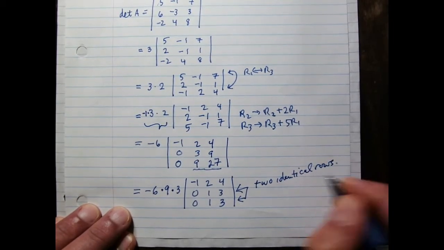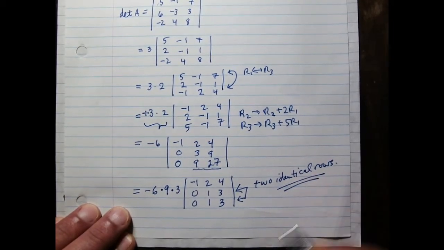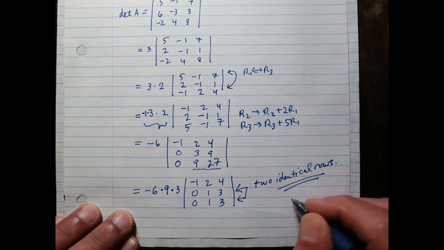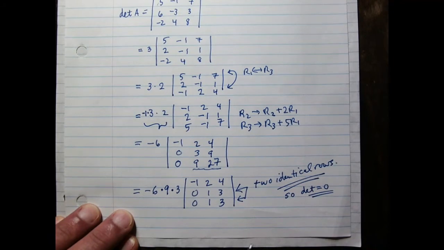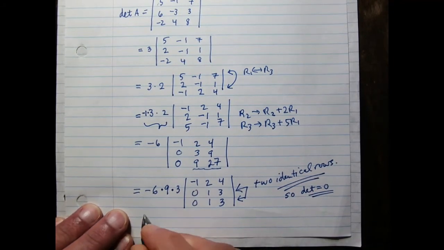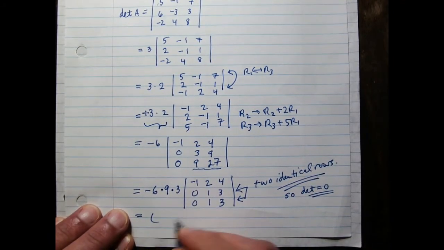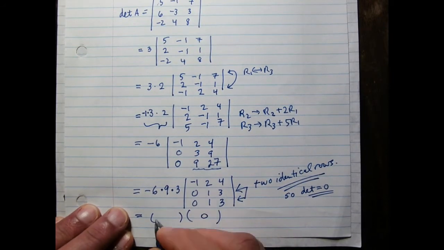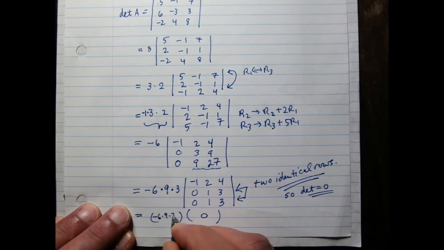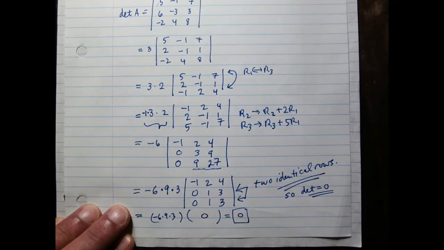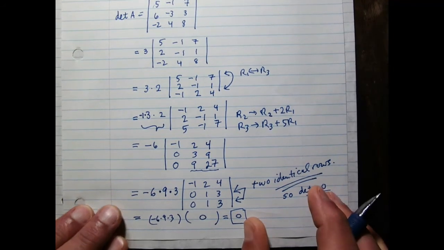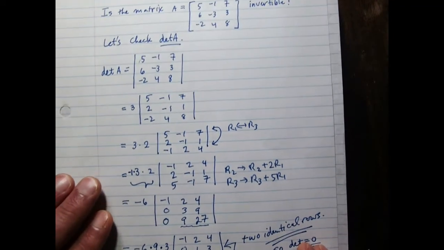So you don't have to notice this, but as soon as you notice that you have two identical rows, the determinant has to equal 0. So this is stuff times 0, which is 0. The determinant of our original matrix is 0.